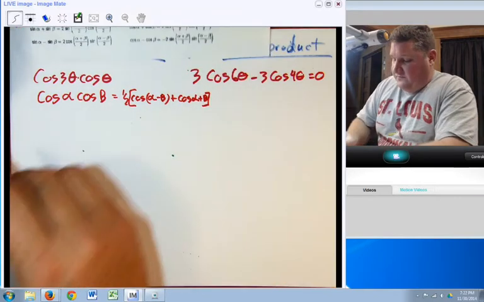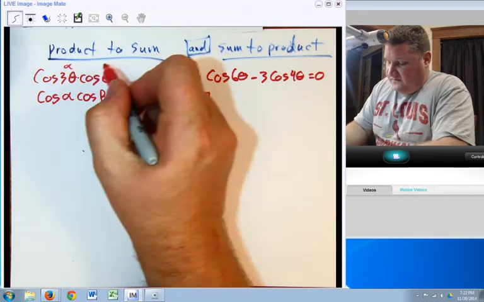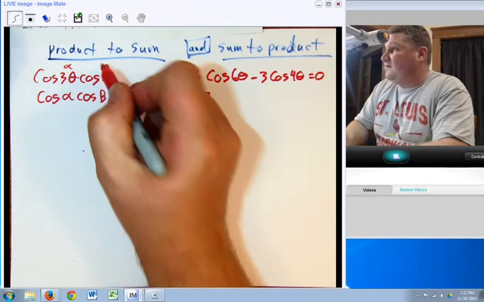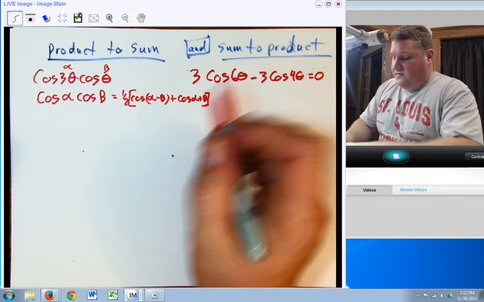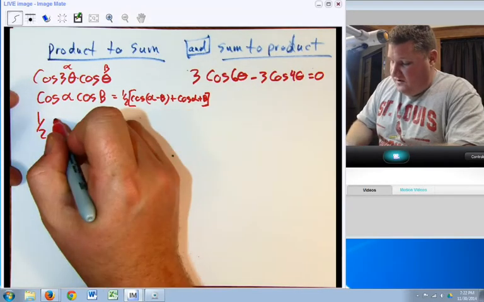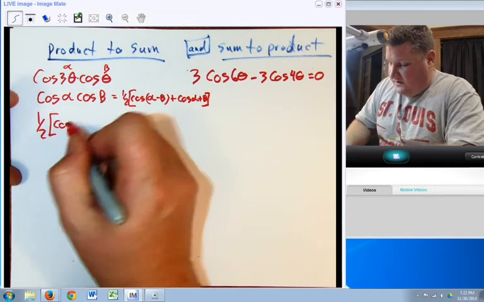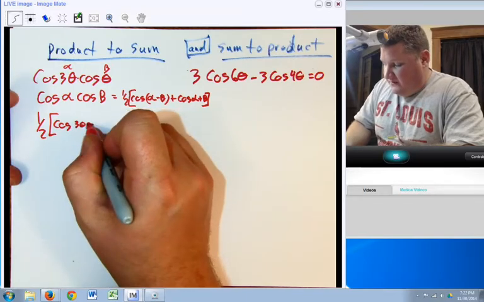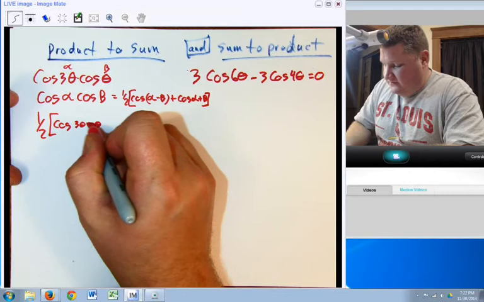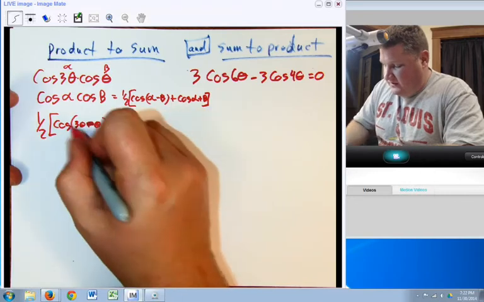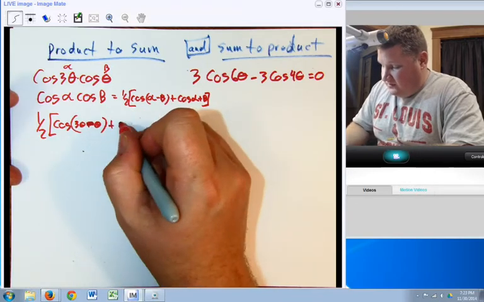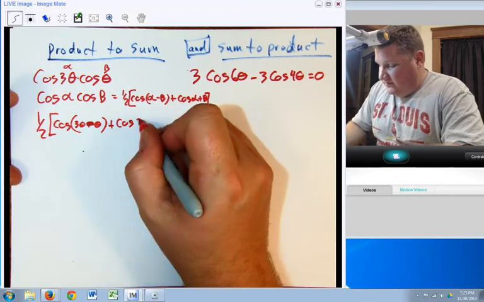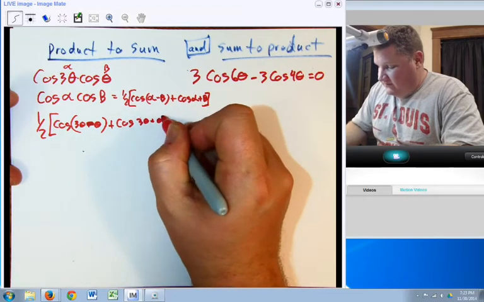There we go. So if alpha is 3 theta and beta is just theta, then we're going to go with 1/2 of bracket cosine 3 theta minus theta plus cosine of 3 theta plus theta.